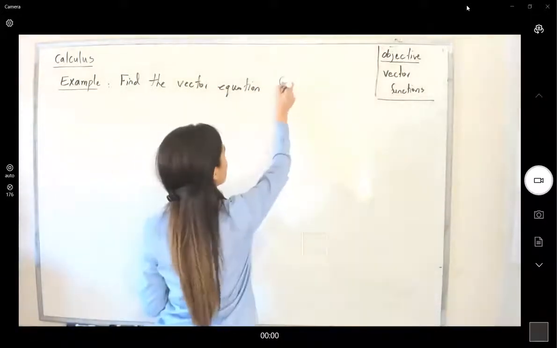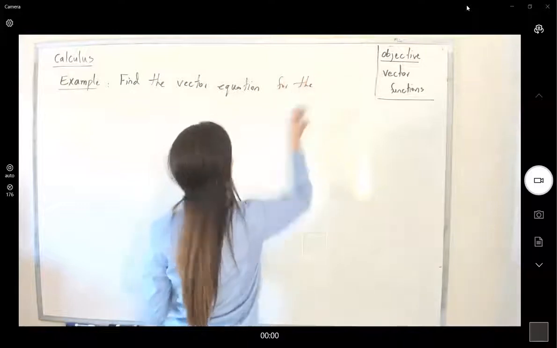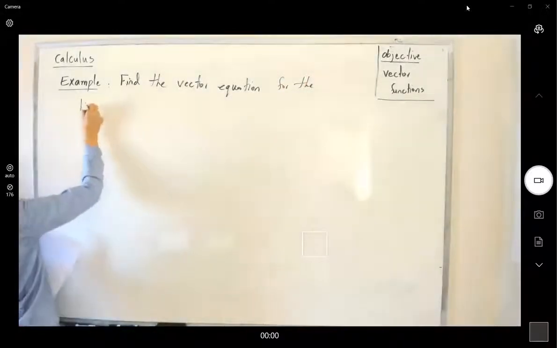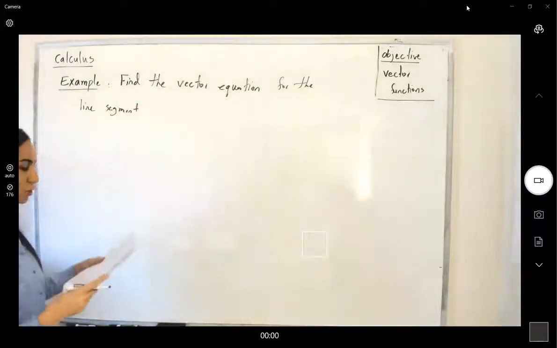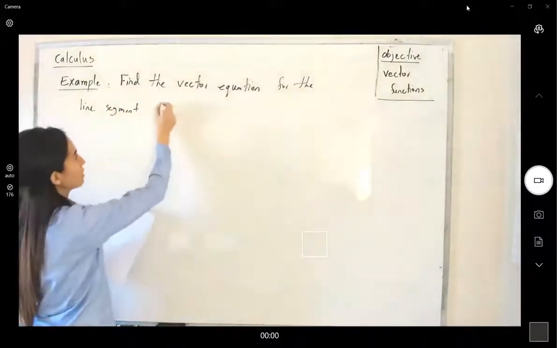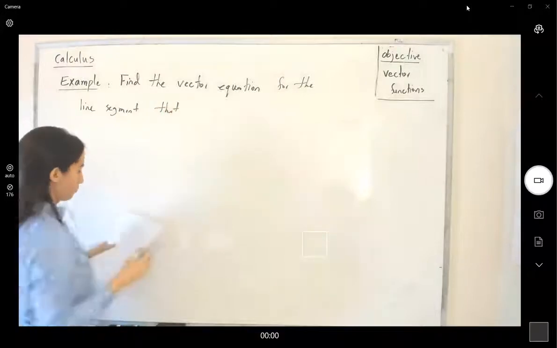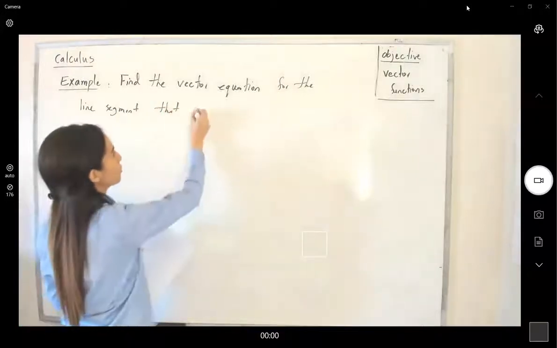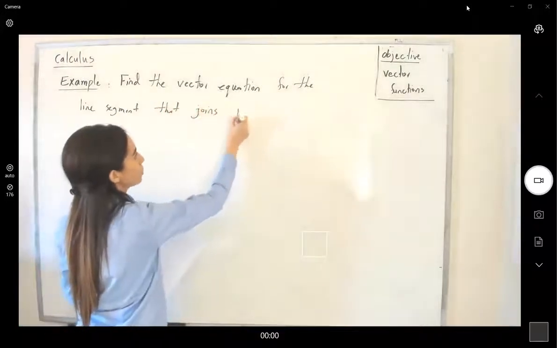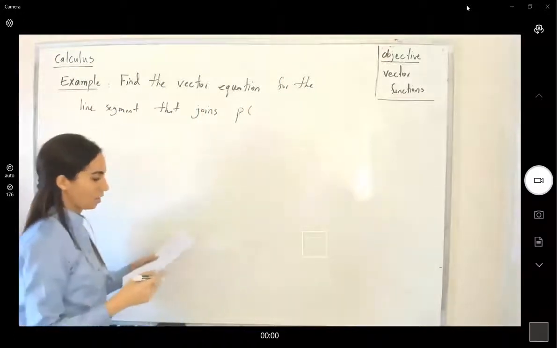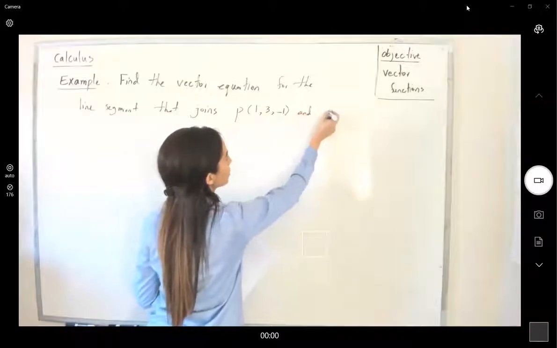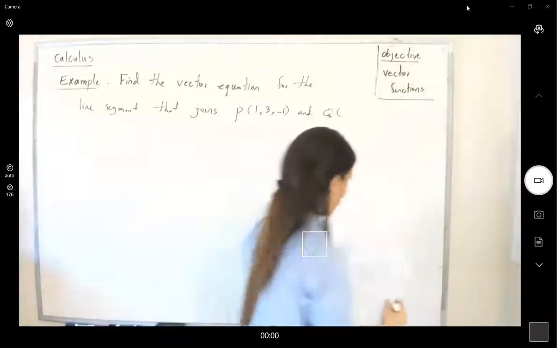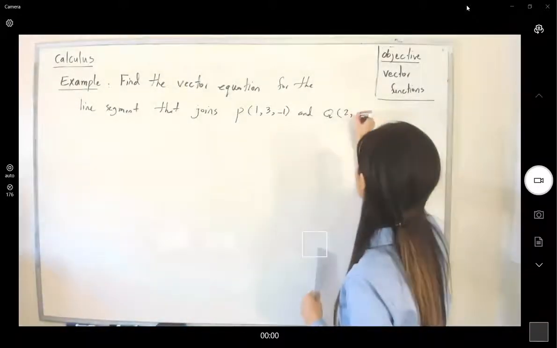Find the vector equation for the line segment that joins these 2 points, P (1, 3, -1) and Q (2, -1, 3).